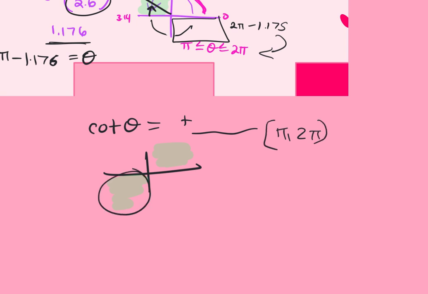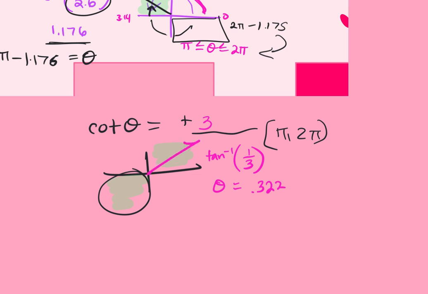So I would take whatever value it is. Let me give a value, where cotangent would be 3, let's just say. That means that my tangent would be 1/3. So I would do second tan 1/3, and in my calculator I'd get theta is 0.322.